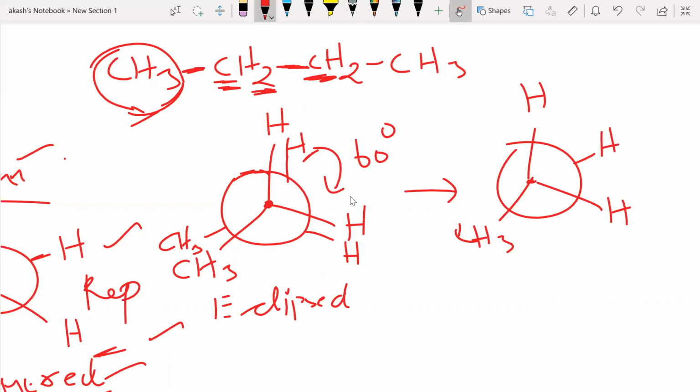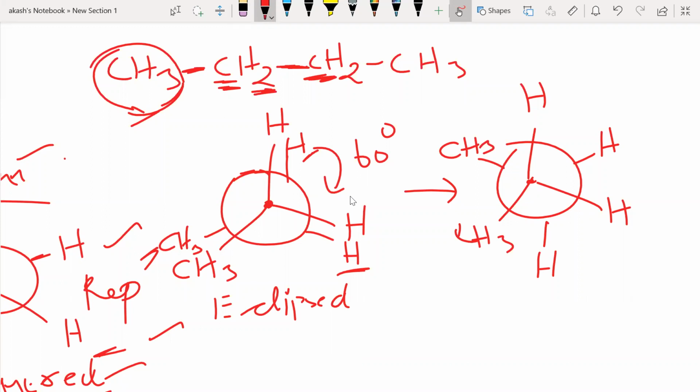This hydrogen atom would have come here, and this hydrogen atom would have come here, right? And the methyl group which is here would have gone here. Yes, this is what happens when I rotate the bond by 60 degrees.